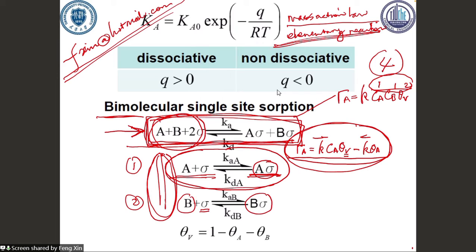So let's look at the active site here, on the surface of the catalyst. Here we have one active site.